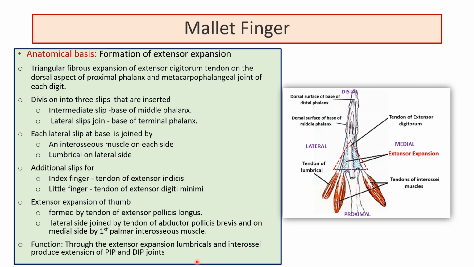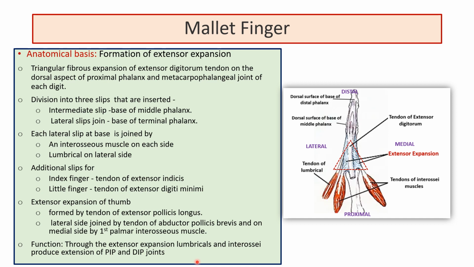The extensor digitorum for each of these 4 fingers forms the expansion on the dorsal aspect of the proximal phalanx and metacarpophalangeal joint.